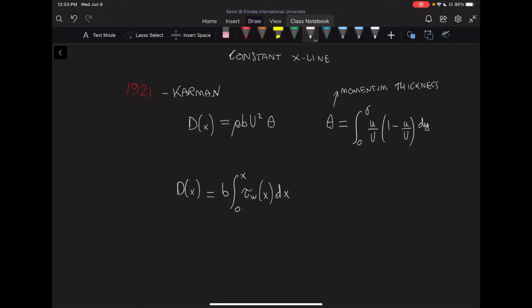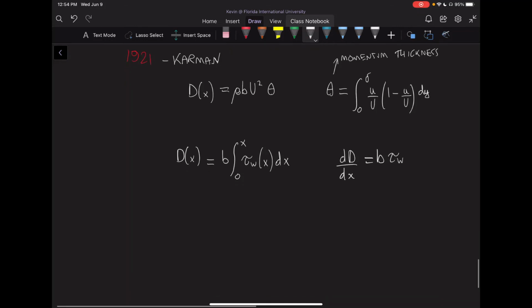And you can rewrite this as the differential dD over dx is equal to b times tau w if you rearrange it. If that's the case, we can also write that dD over dx is equal to rho b U squared times d theta dx.